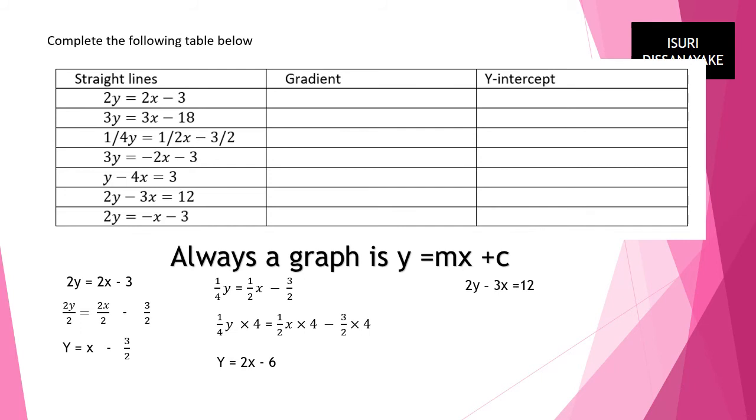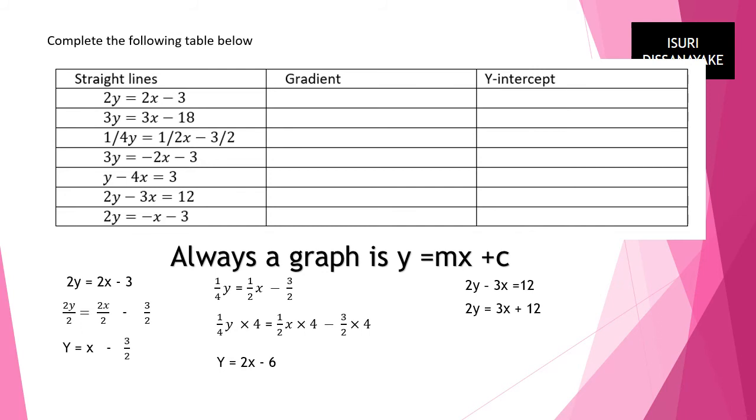And the next one is 2y minus 3x equals 12. We also have to turn this into the form y equals mx plus c. So you leave 2y as it is and take 3x to the other side. So that is 2y equals, it becomes plus 3x because minus 3x moved to the other side of the equals sign. So I will write it as plus 3x plus 12.